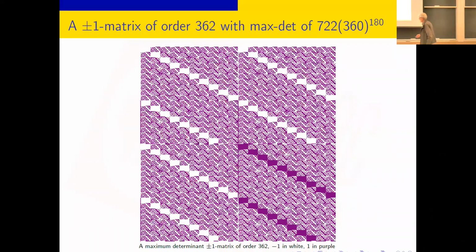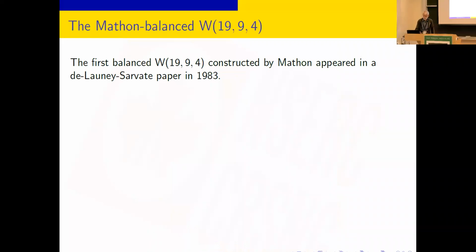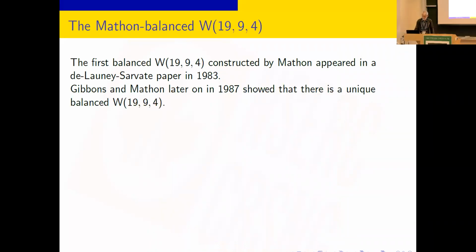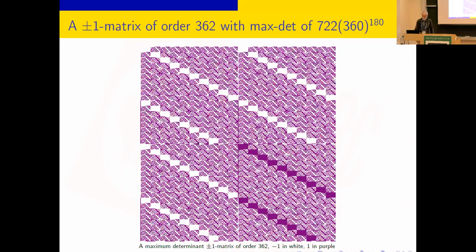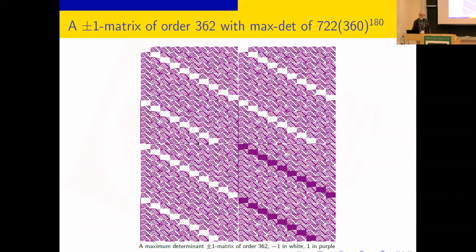Namely, you can see that I actually put 4 of these together. One of them is here, one is in here, another one here, and negative, and these are actually identical except, of course, for the sign. We're going to get actually a matrix again with maximal determinant, and the order of this matrix is 362.